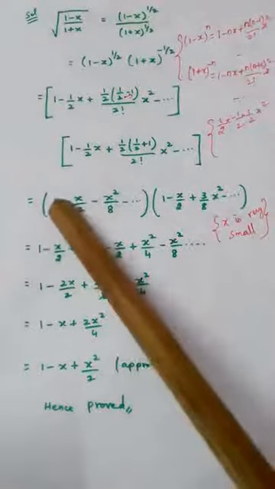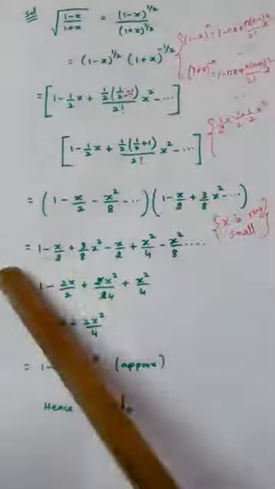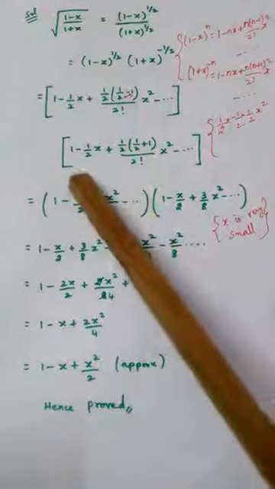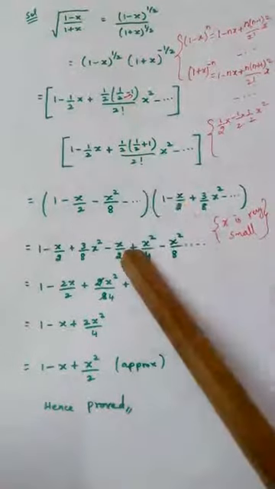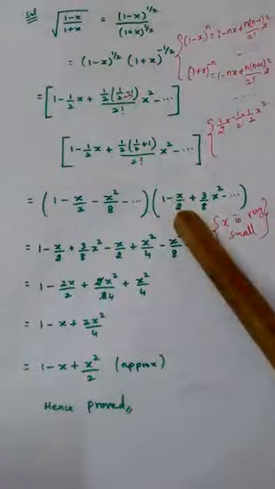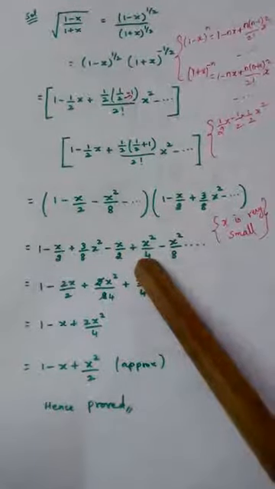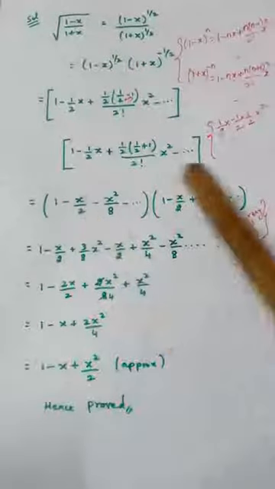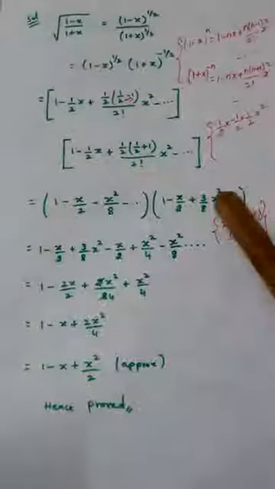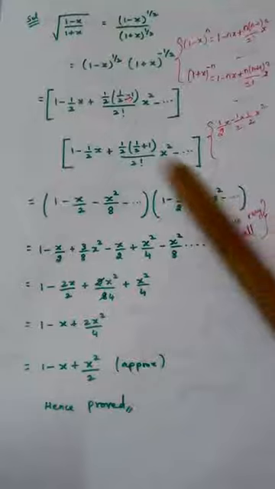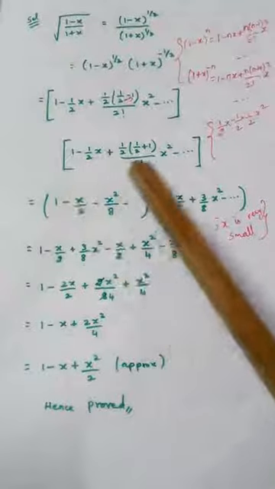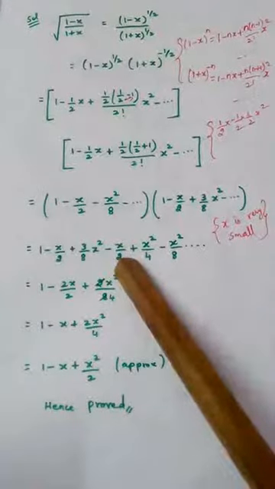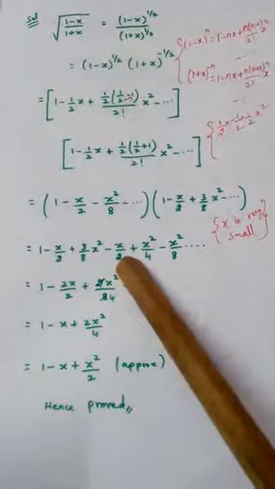In the same way, 1 is multiplied with all the terms I have written here. When minus x by 2 is multiplied with 1, that is minus x by 2. Minus x by 2 into minus x by 2 becomes plus x square by 4. But when I take this to the third term, what happens? x into x square becomes x cube. Since x is very small, we are going to omit the x cube term. Even though the term is coming as x cube, I am not going to write that because it will be almost equal to 0.